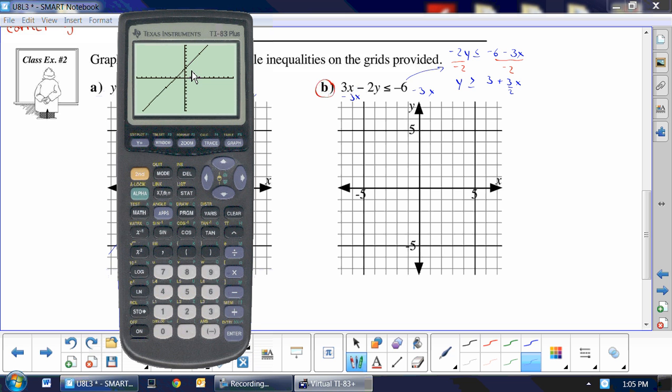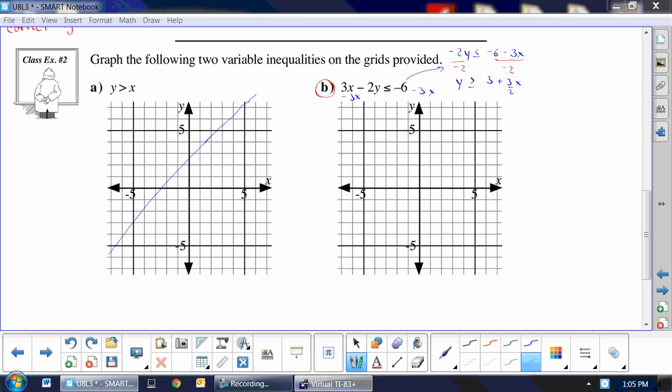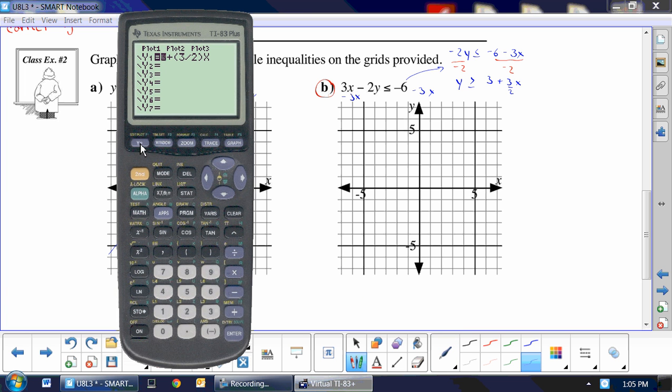So I know when I draw the line, it's going to be just like we've been doing all year. You can go second trace value. Our y-intercept is 3. Our x-intercept is -2. Then I have my y2 equal to 0.